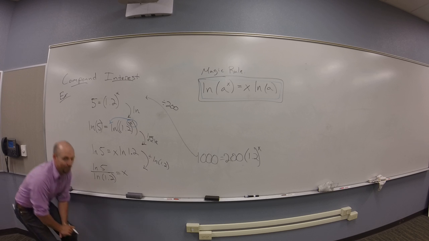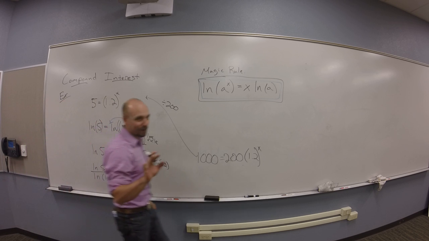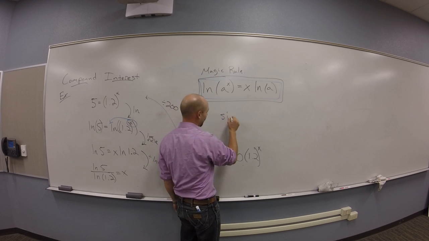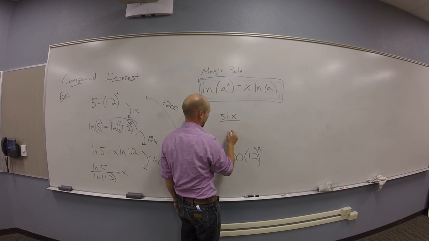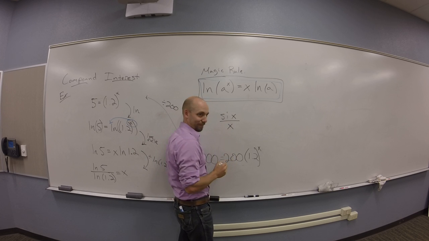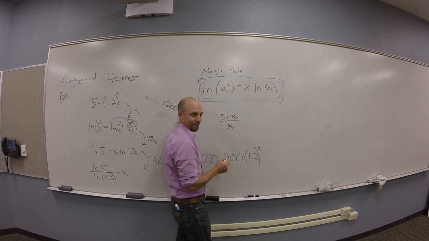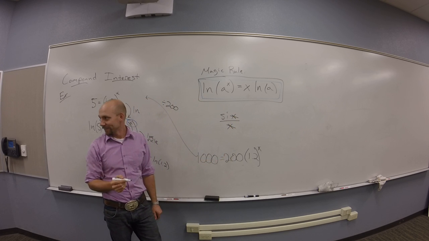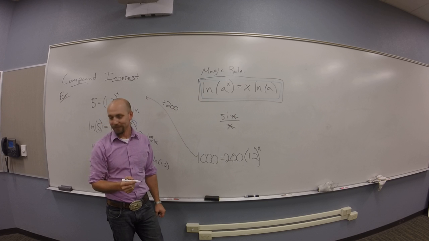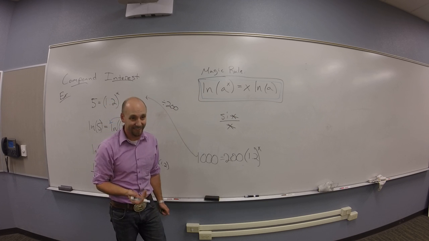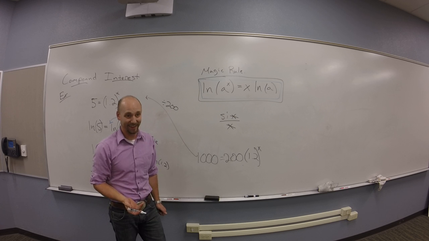Let me give you an analogy. Canceling the logs would be a little bit like this: 6 over x, and cancel the x's. Then you get a 6 out of it, which doesn't mean anything without the x.